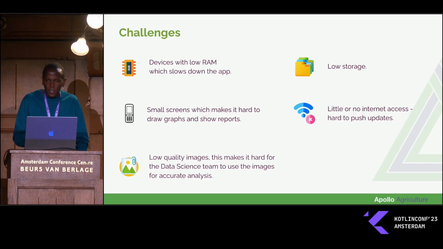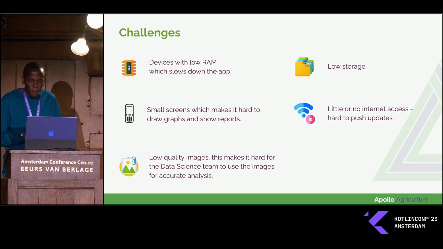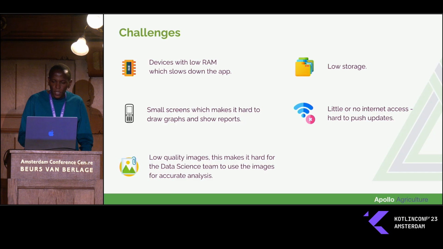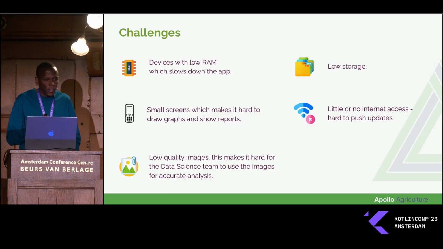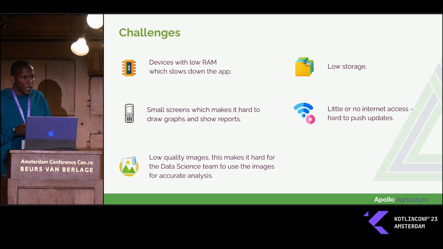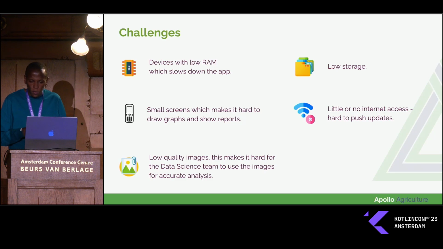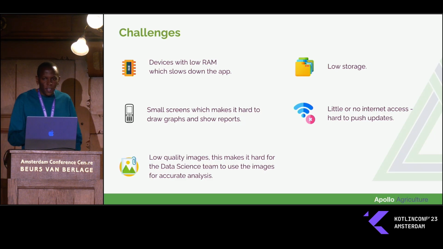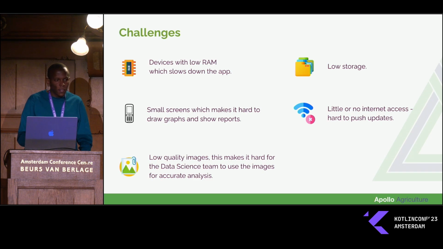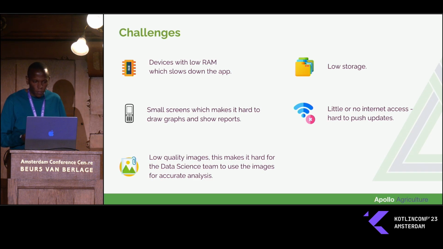So you can imagine the scenario that you have all these phones with these challenges. And lastly, which is also a crucial part, we have little or no internet access. Most of the farmers are based in the remote areas of Kenya, and some of the farmers don't have access to internet, and even the agents don't have access to internet 24/7. So with these challenges, how do we overcome this, or what does this mean for our Android team at Apollo?